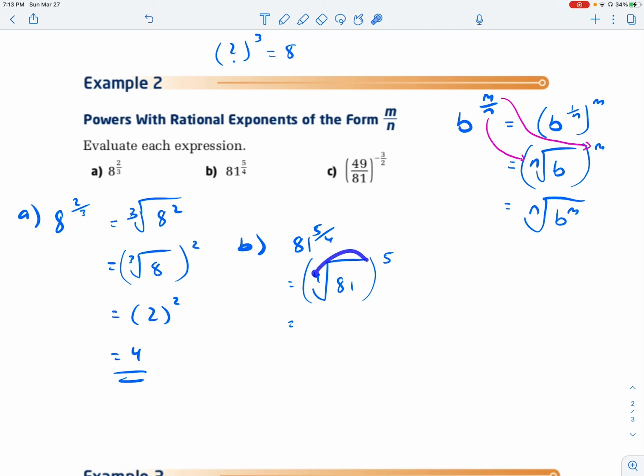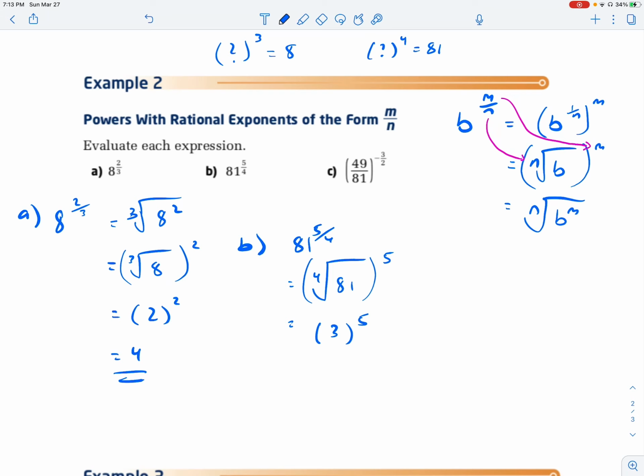I'd rather take the fourth root of a big number and then raise it to the exponent 5 afterwards. So, what number raised to the exponent 4 equals 81? Well, I know the square root of 81 is 9, and the square root of that is 3. So 3 times itself 4 times will give you 81.